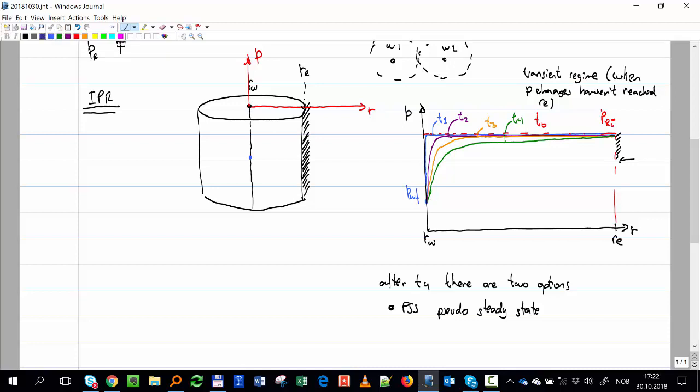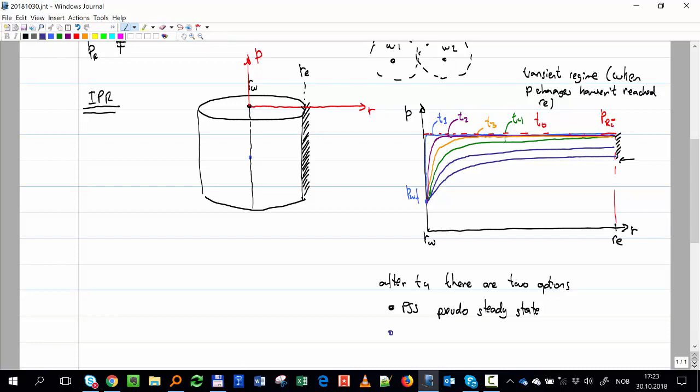I'm running out of colors, but it will have the same shape, reducing with time. That's what I call pseudo steady state, even though it's not really steady state. All the changes have already propagated through the reservoir, and any change will propagate uniformly in every point, reducing all of them at the same time, down and down.